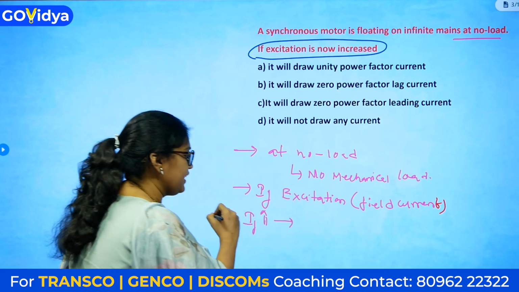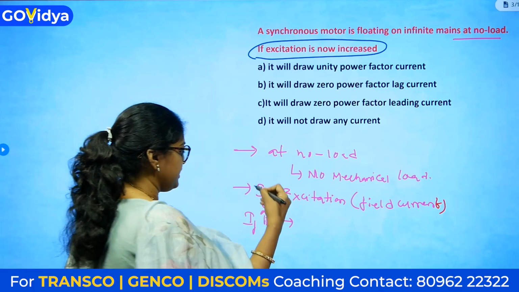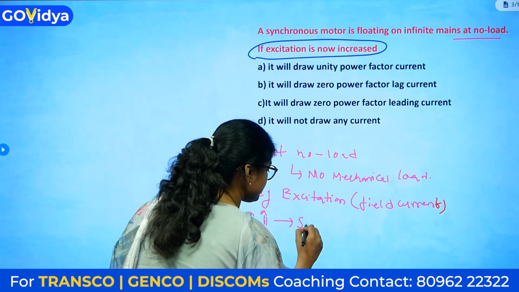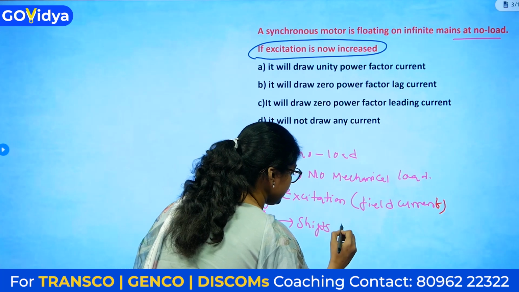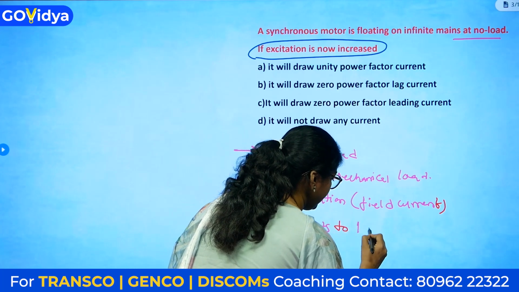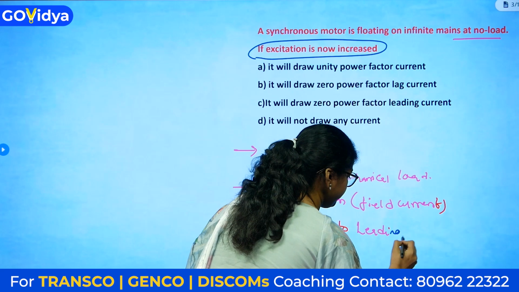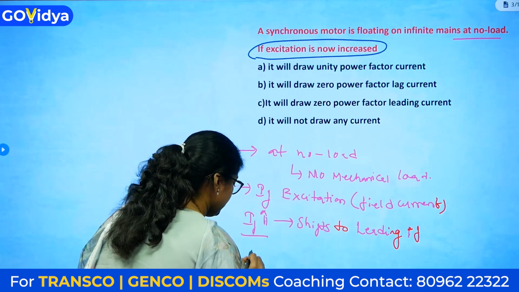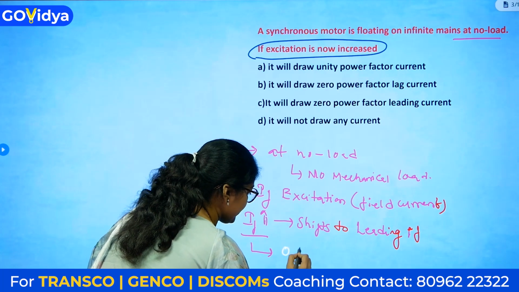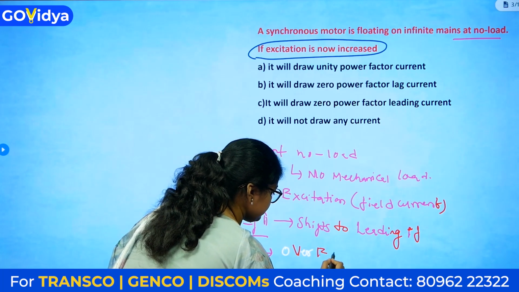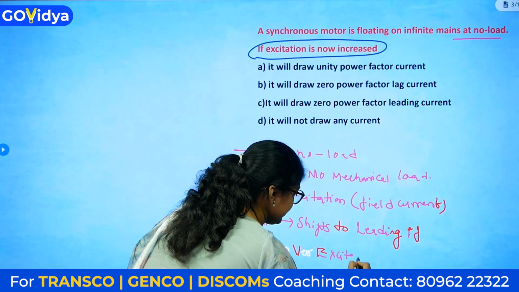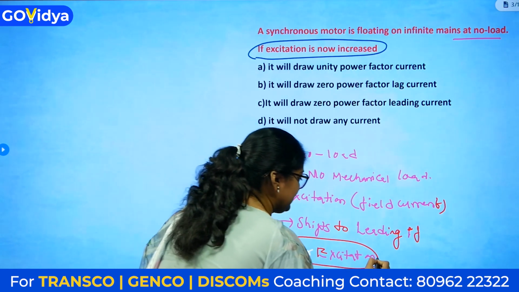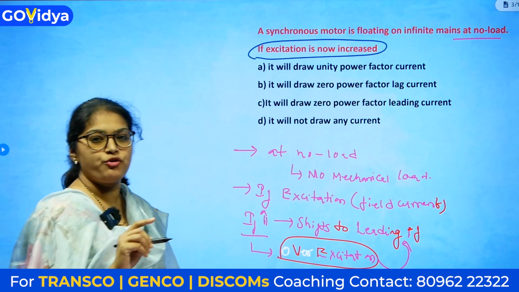If field current increases, the motor will shift to work under leading power factor. And one more, if excitation increases, it will work as over-excitation. If it works under over-excitation, the motor shifts to the leading power factor.